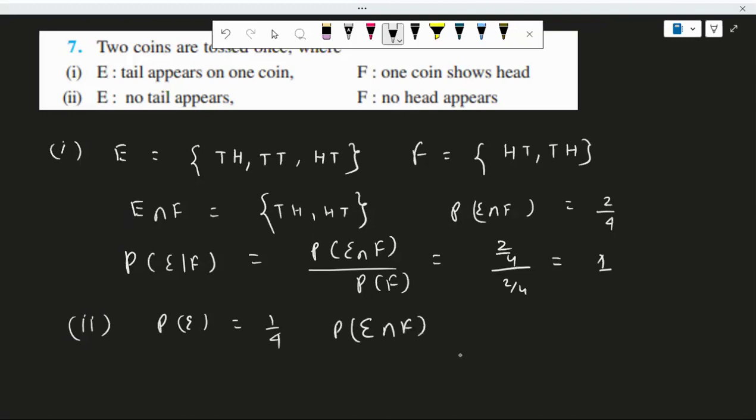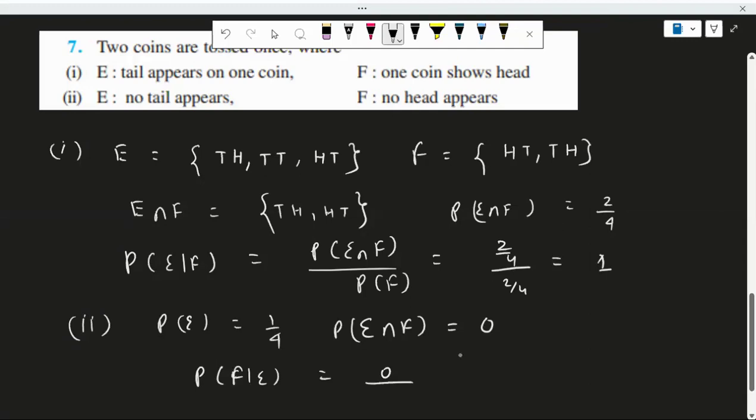So then it'll be 1 by 4 divided by 1 by 4. E intersection F: no head, no tail. No tail appears, no head appears, no common, so 0. So P(F by E) will be 0 over P(E). So this will be 0. Check your answer from the backside.